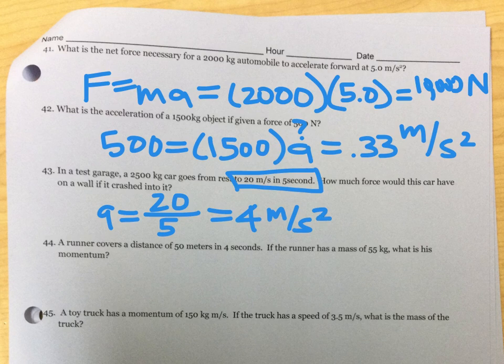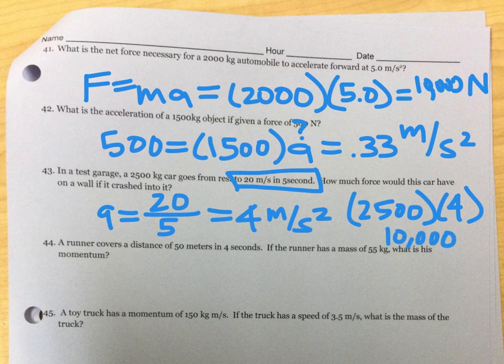So that's the acceleration. It says how much force is this car going to have if it crashed. So that's going to be 2,500 kilograms, which is the mass, times this acceleration that we determined as 4. So that's going to be 10,000 newtons for the force.